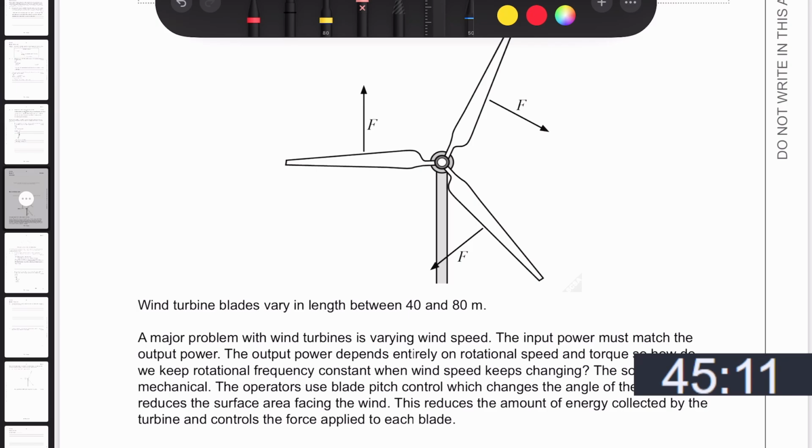The input power must match the output power. The output power depends entirely on rotational speed and torque. So how do we keep rotational frequency constant when wind speeds keep changing? The solution is mechanical. The operators use blade pitch control, which changes the angle of the blades and reduces the surface area facing the wind. This reduces the amount of energy collected by the turbines and controls the force applied to each blade.